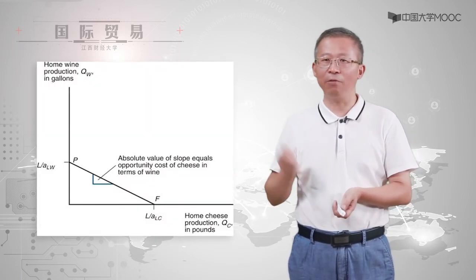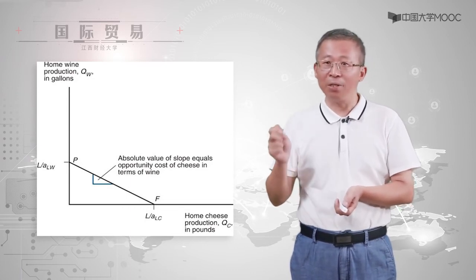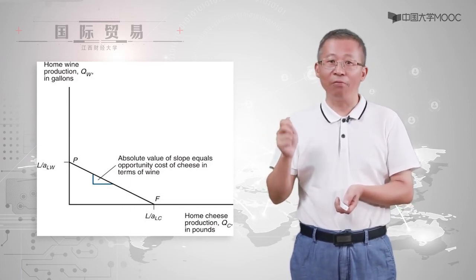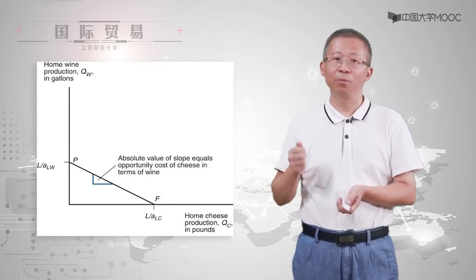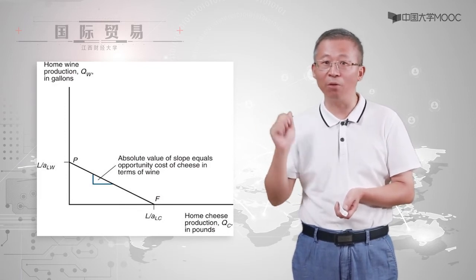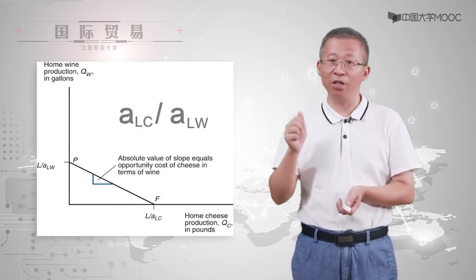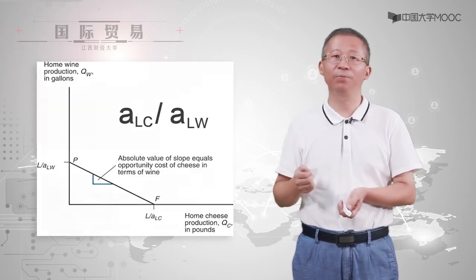Since labor is the only input of production, the PPF is a straight line, and the absolute value of the slope of the PPF equals the opportunity cost of cheese in terms of wine, which is aLC over aLW.